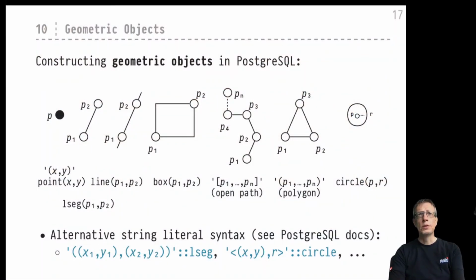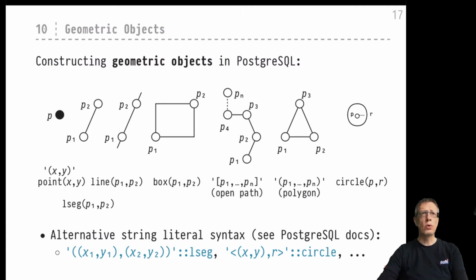All right, so before we can do that, we would of course need to construct such geometric objects inside PostgreSQL. And here you can see a selection of geometric objects that would be supported inside the system.